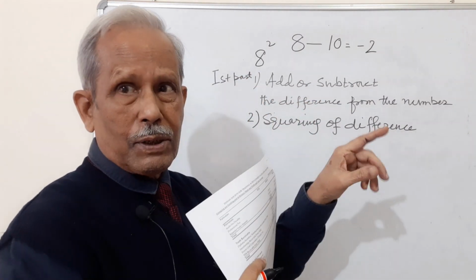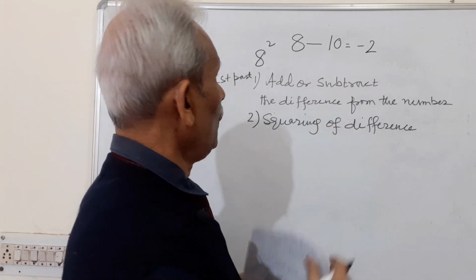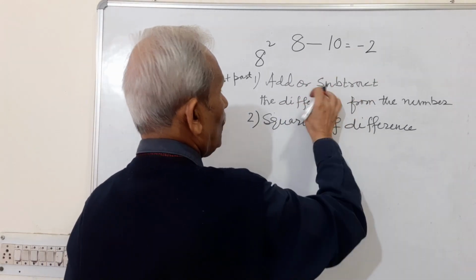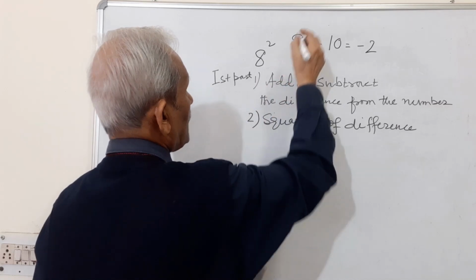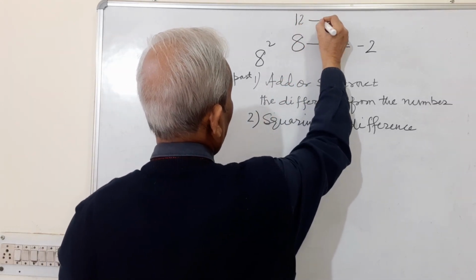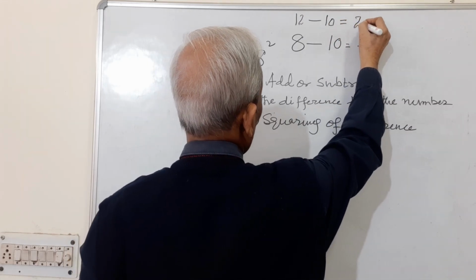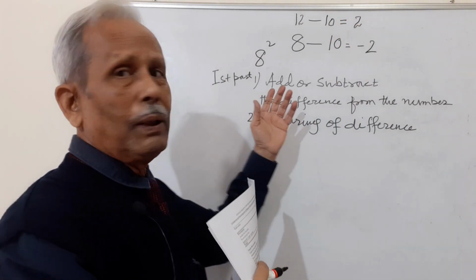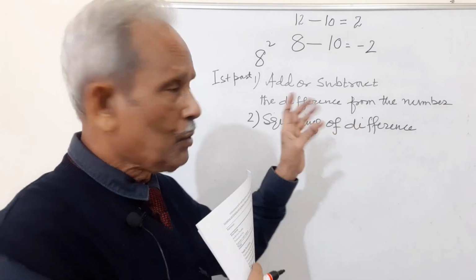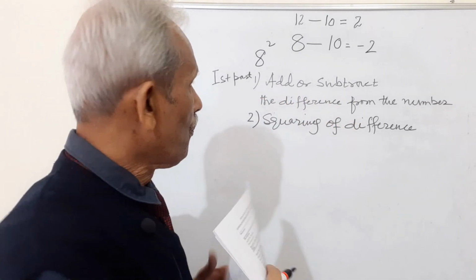Why am I saying adding or subtracting? If the difference here, 8 minus 10, is minus 2, it is minus, so we will subtract. But suppose the number is 12, then from the nearest base 10, the difference is plus 2. And if it is plus 2, then you will add it, right? So sometimes you have to add and sometimes you have to subtract. We will see it in the example.